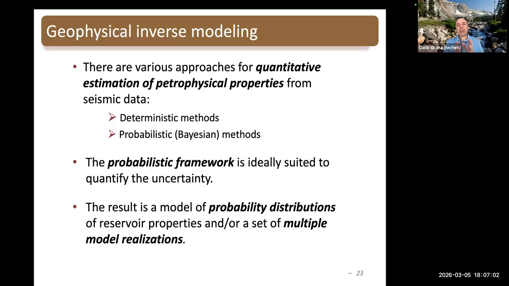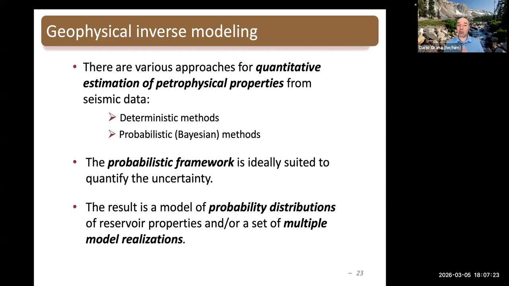Now, there are different ways for solving inverse problems. You can use either deterministic methods or probabilistic methods. Now, most of the probabilistic methods are somehow Bayesian methods, and we're going to talk about the Bayesian method in a minute. I'm going to focus on probabilistic methods for several reasons.